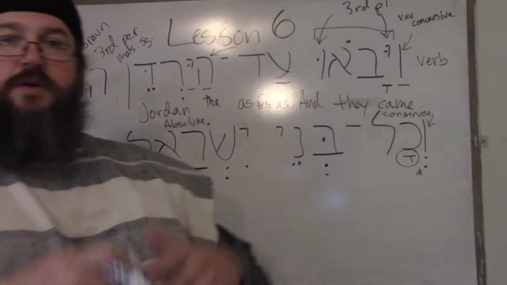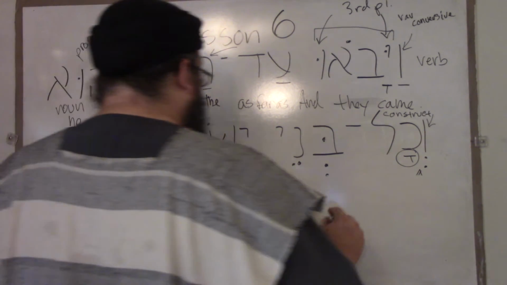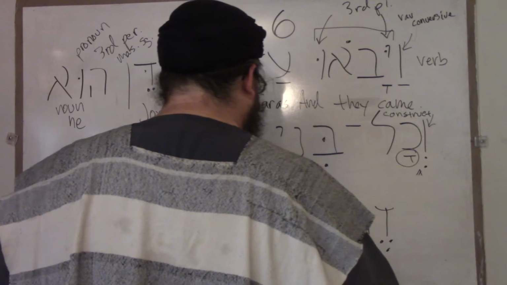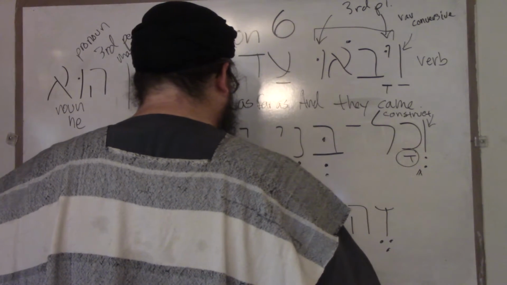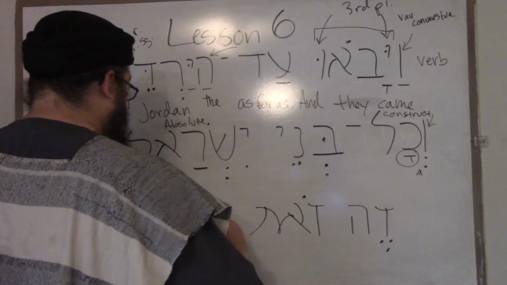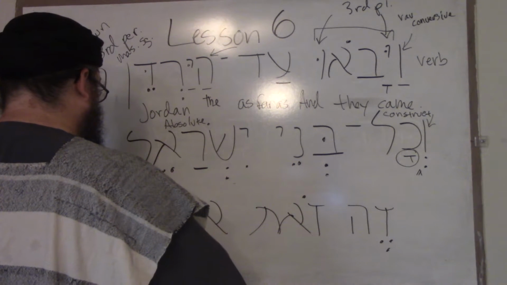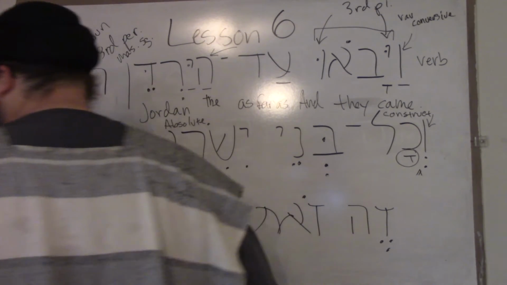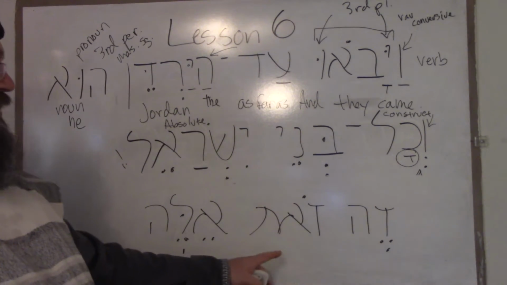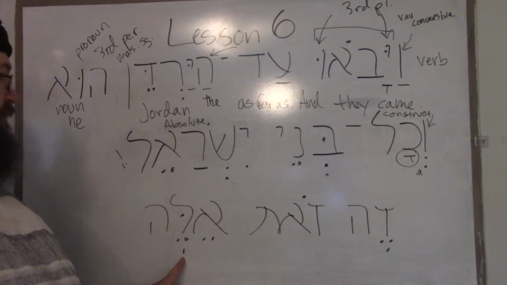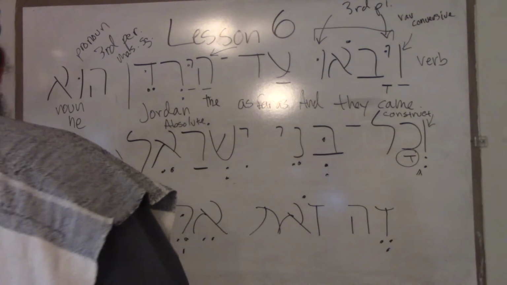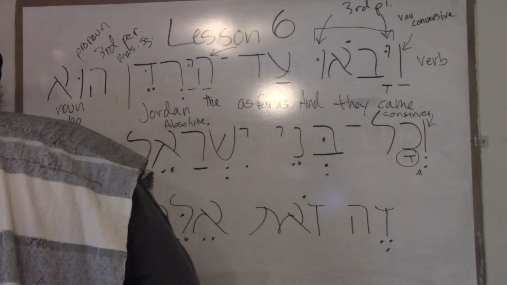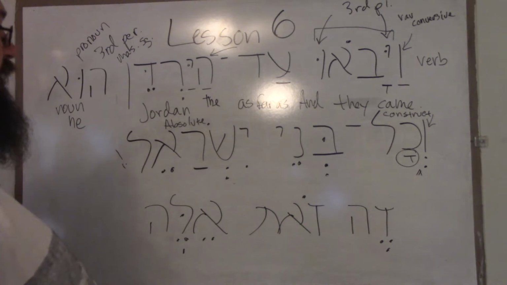It's the same thing as when we use these three other demonstrative pronouns. Ze, zot, ele. Ze, zot, ele. These are also the demonstrative pronouns that we have.